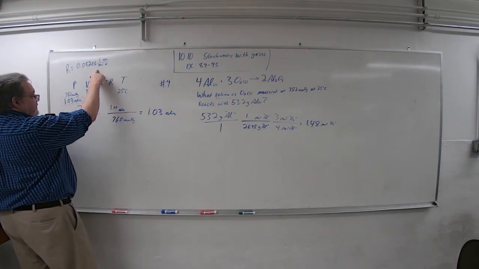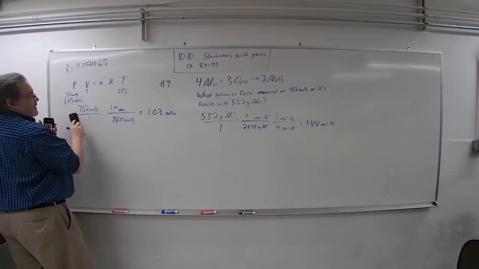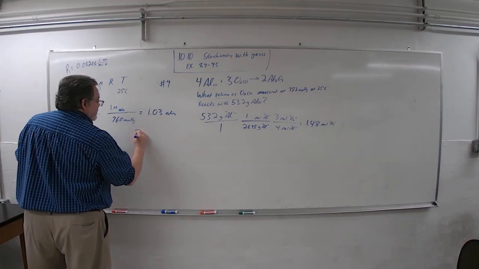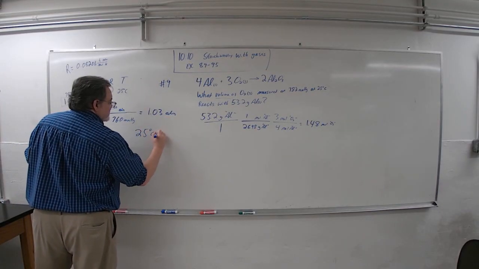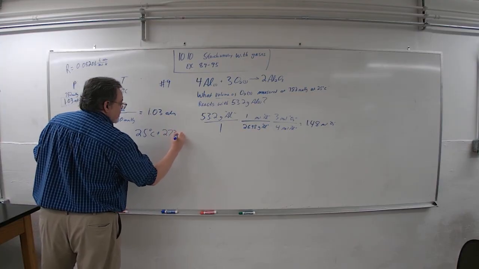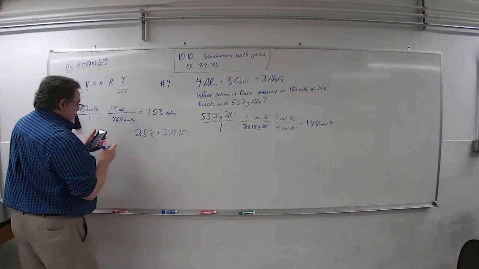So we can use this R value. And then temperature is 25 degrees C plus 273.15, and that'll put us in Kelvin.